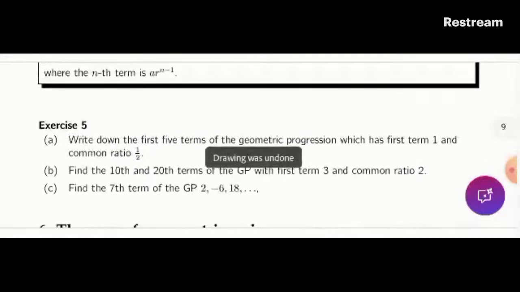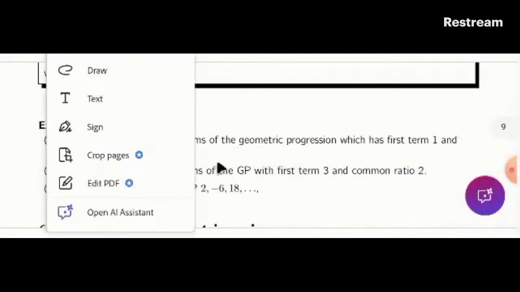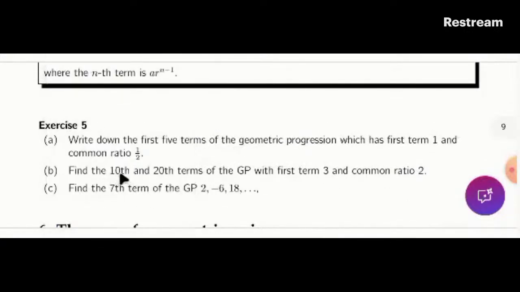Now this one says find the 10th and 20th term of the GP with the first term 3 and the common ratio of 2, right? So this is also straightforward. You have first term a is equal to 3, common ratio is 2.